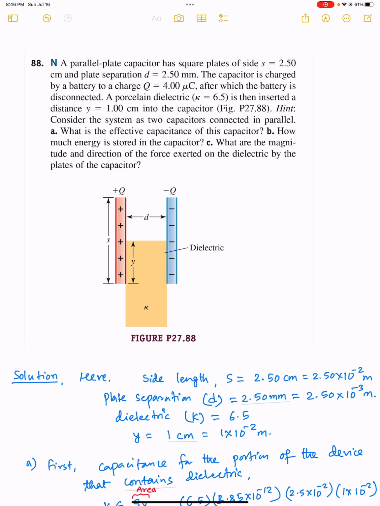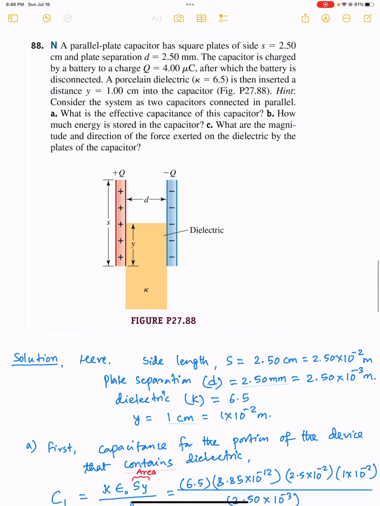A parallel plate capacitor has square plates of side 2.5 centimeter. You can see that on the figure, and the plate separation is 2.50 mm. So you have to change these units into SI units, that is, you have to change cm into meter and mm into meter.